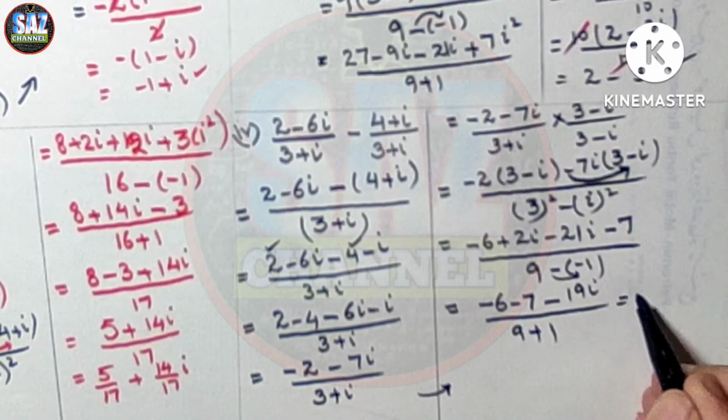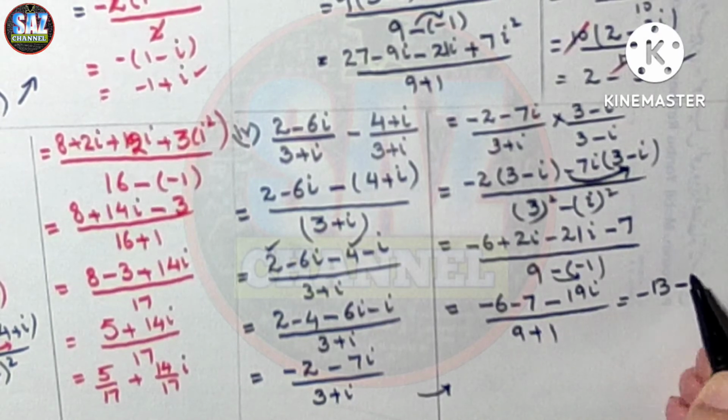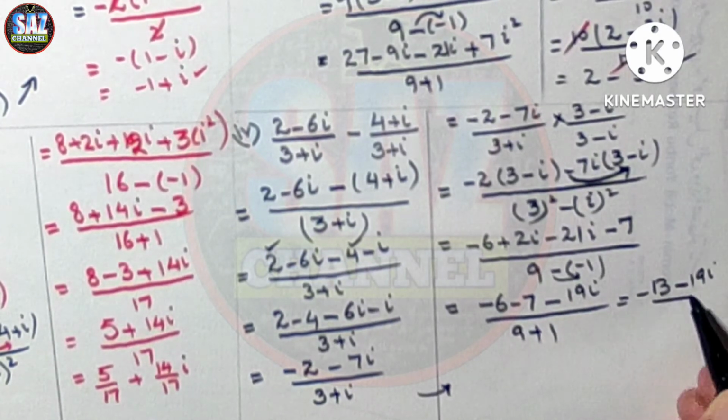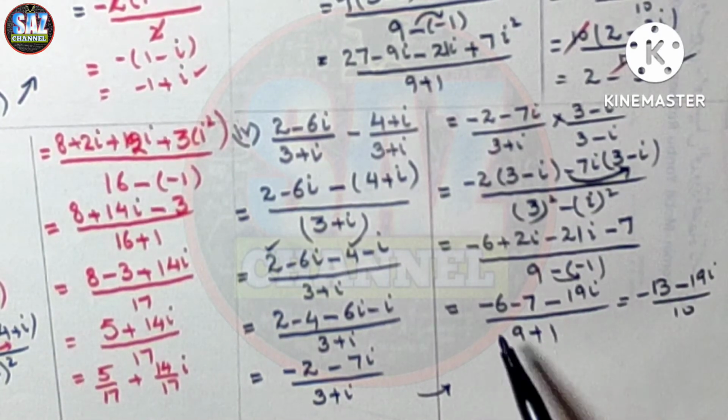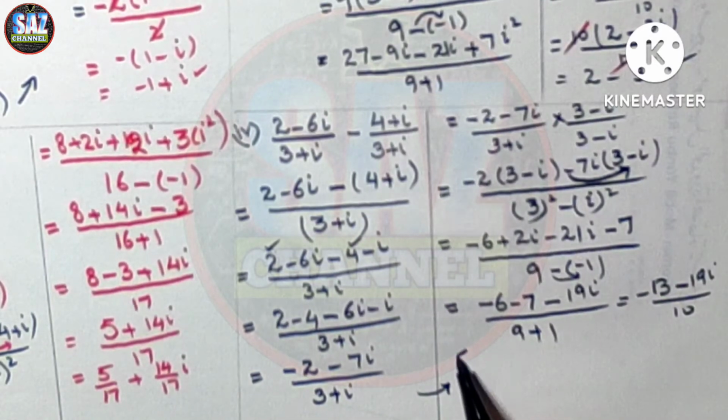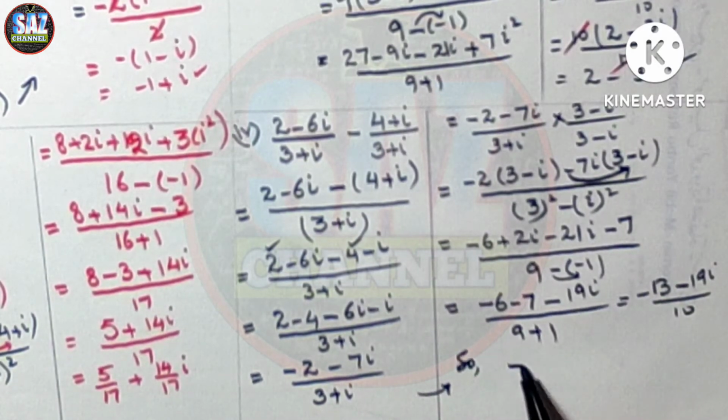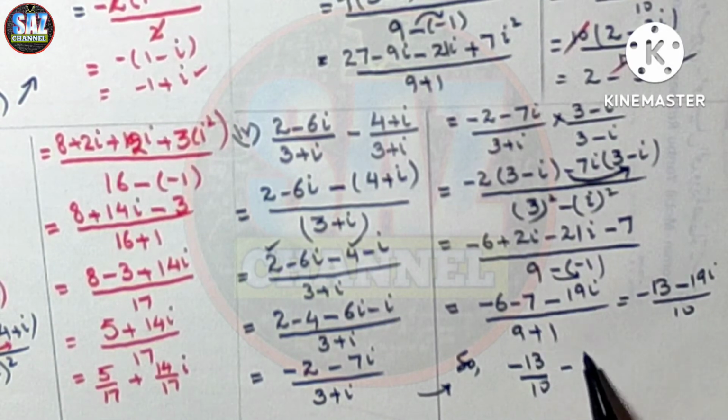This is equal to (-13 - 19 iota)/10. So, the required answer is -13/10 and -19/10 iota.